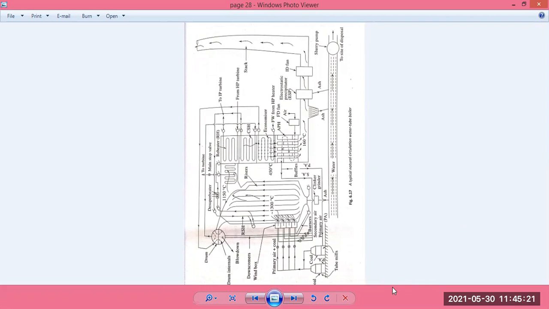So here the pressure is less than supercritical. Supercritical is 221.5 bar, and the water is heated at about 170 to 260 degrees centigrade, depending on the pressure itself, but it is below the supercritical pressure.